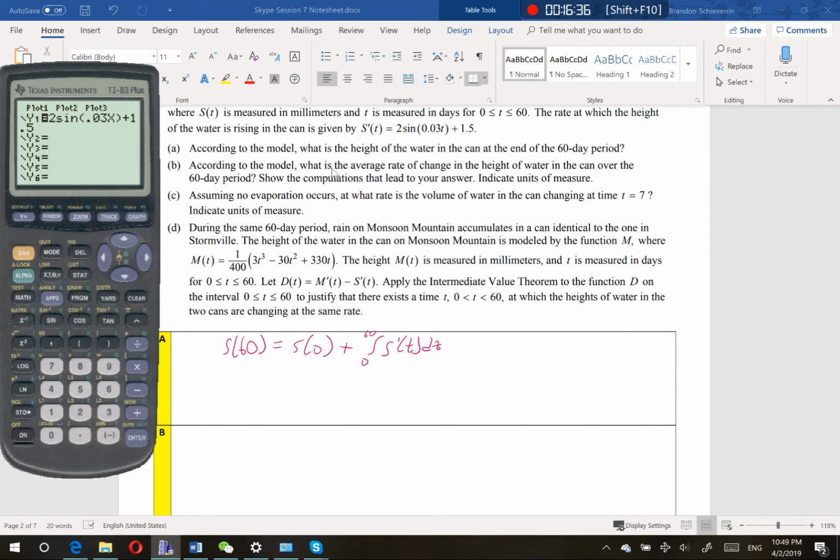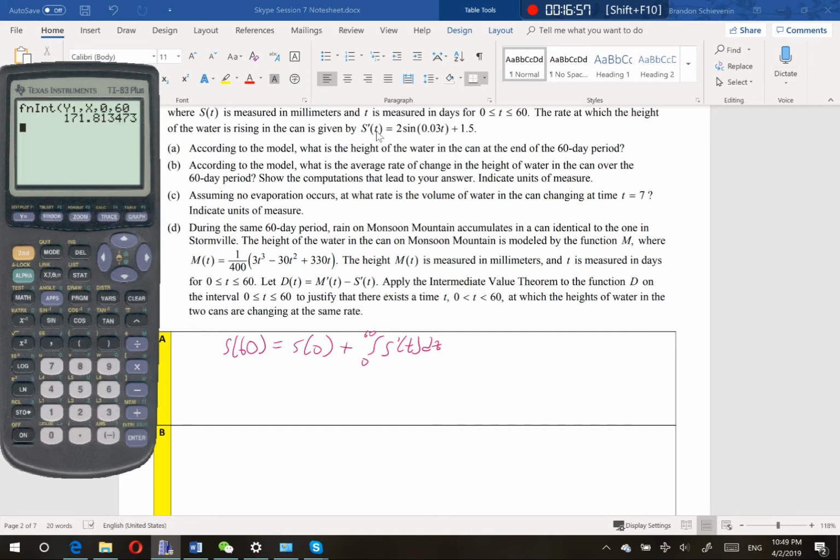Okay, then I want to integrate from 0 to 60, so I'm going to break out and hit math. 9th option is our integral of variables, y variables, function, y1. So that's everything we just typed. I'm going to integrate y1 in terms of x from 0 to 60.